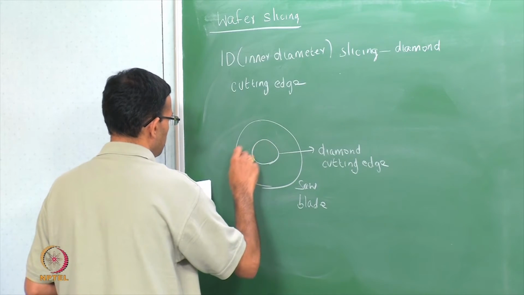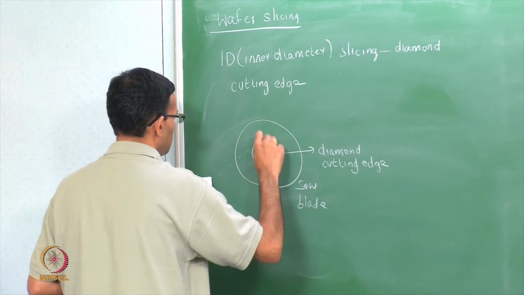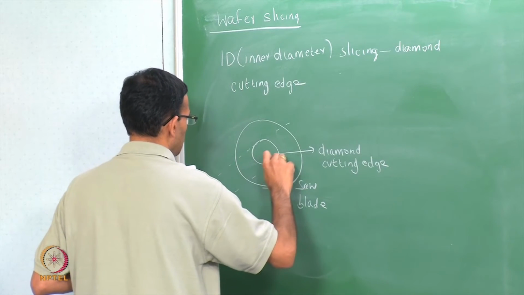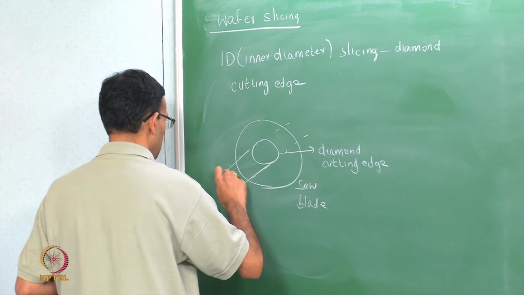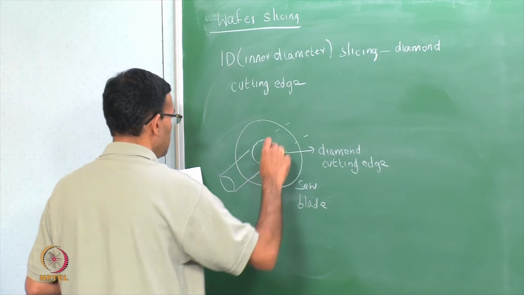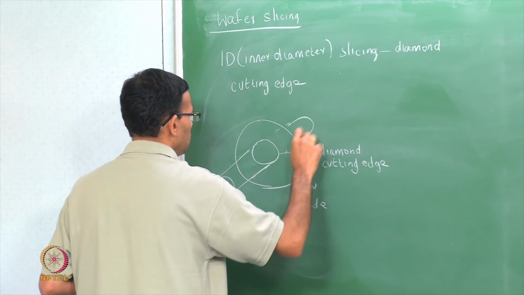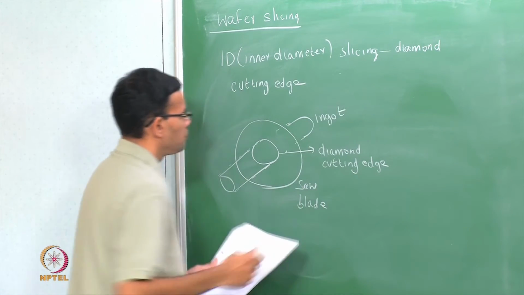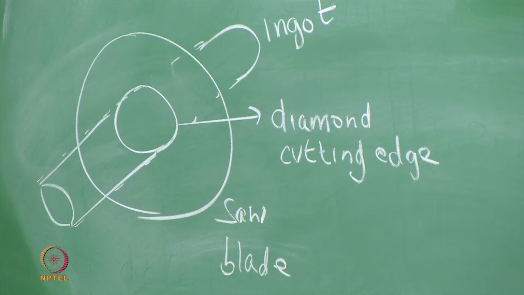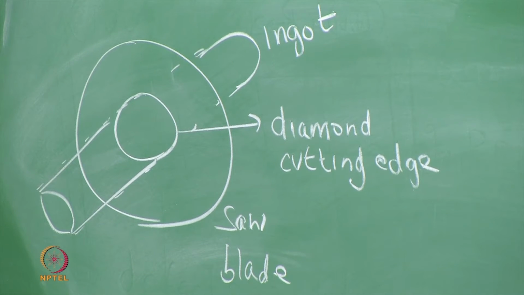The wafer is just fed through it. So, this is the ingot. The ingot is just fed through it, and the diamond saw cuts out the portions of the wafers at the right thickness.